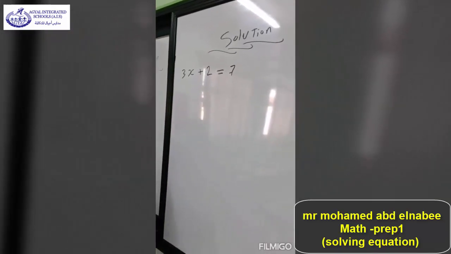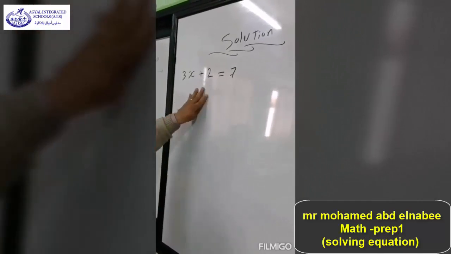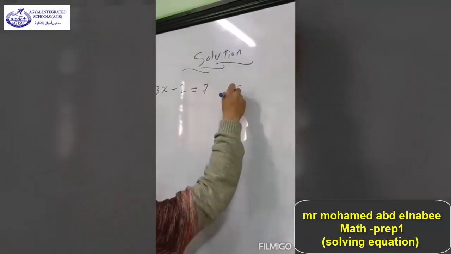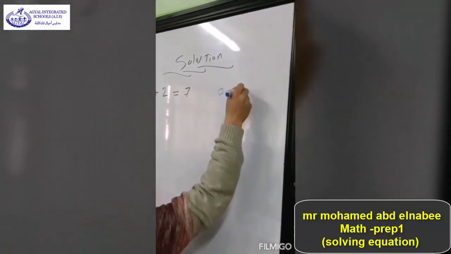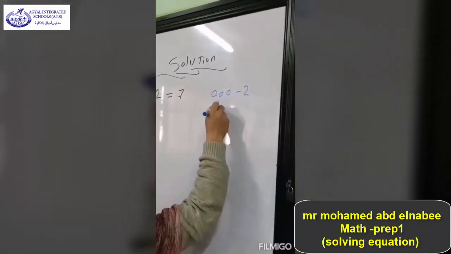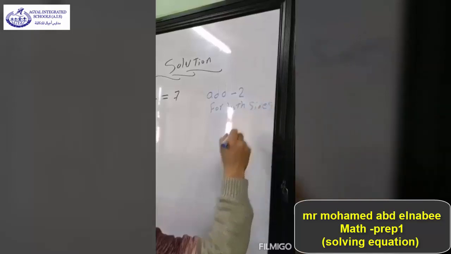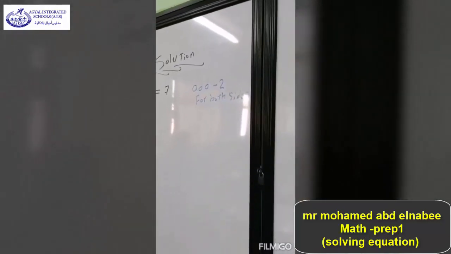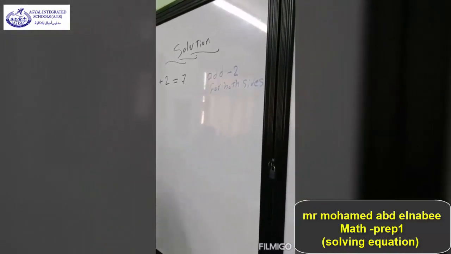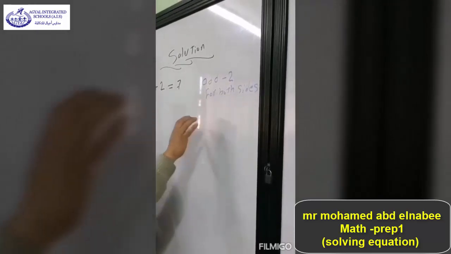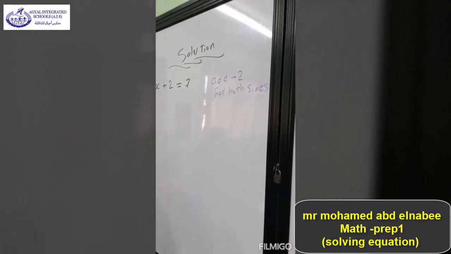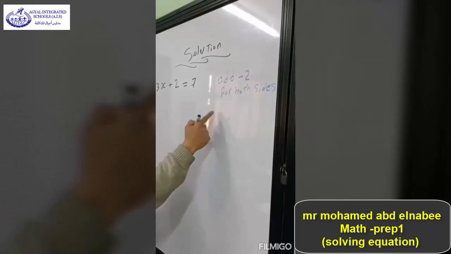Number 2, we write the opposite operation, and in this case, I can write add negative 2 to both sides. This is another method. I think this is hard for you, but choose what's suitable for you.